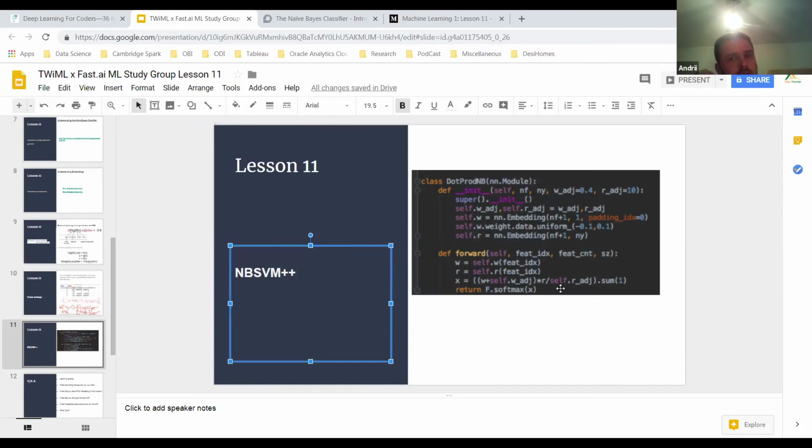Can you hear me? Yeah. Okay, so my question was, for example, we have an embedding that embeds our vector into four-dimensional space, and this is a kind of projection into hyperplanes.